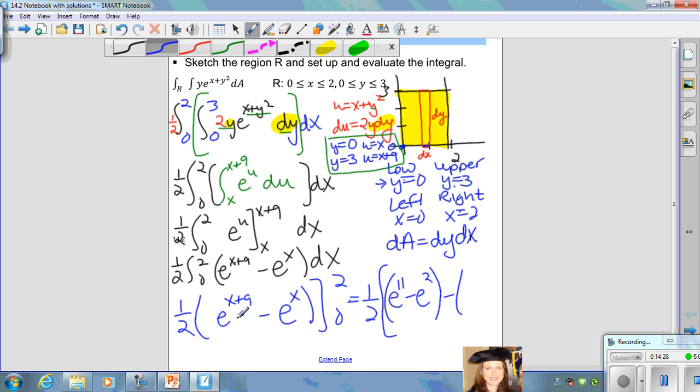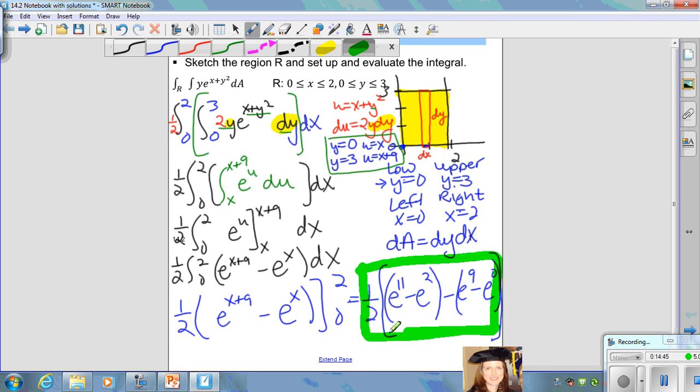You plug in 0, you get e to the 9th power, minus e to the 0 power, which is going to be 1. Okay, so this would be your exact answer. You can simplify or get a decimal approximation, but that would be your final answer when you're evaluating this double integral. The key in doing this was using the region to determine the bounds of integration and then working through the problem.